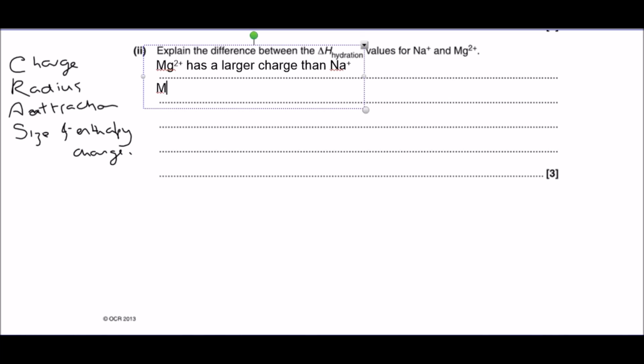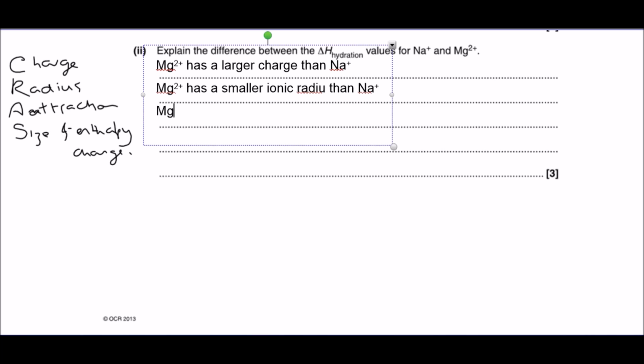So we've dealt with the charge, then we're going to look at the radius. So Mg2+ has a smaller ionic radius than Na+. And the final one, so we said we were going to talk about attraction. So Mg2+ has a greater attraction towards water molecules.